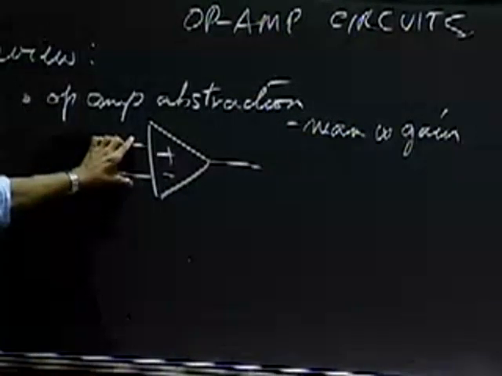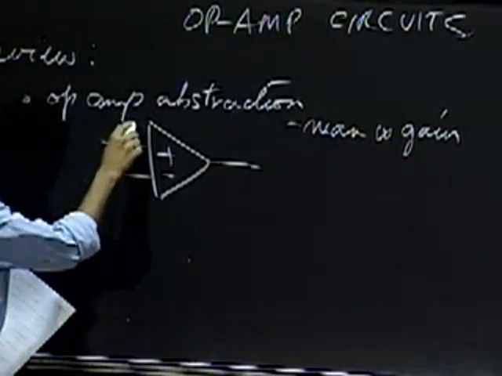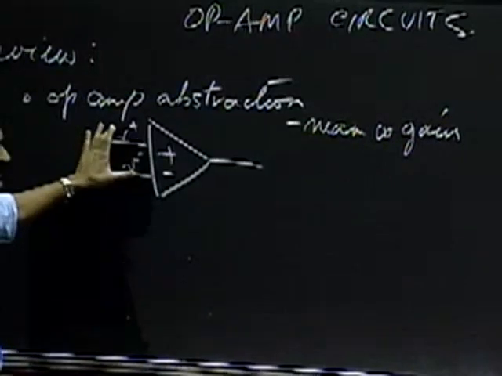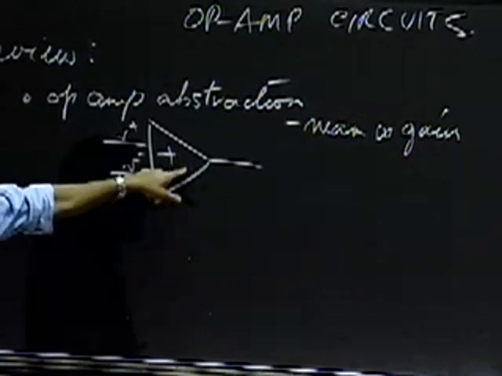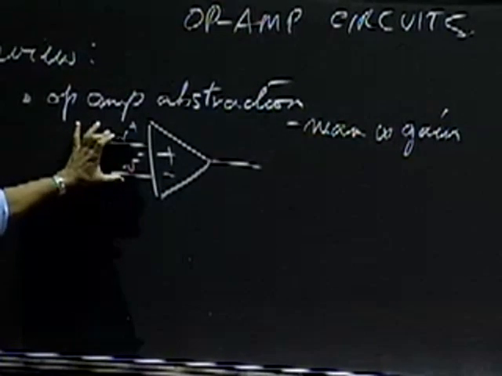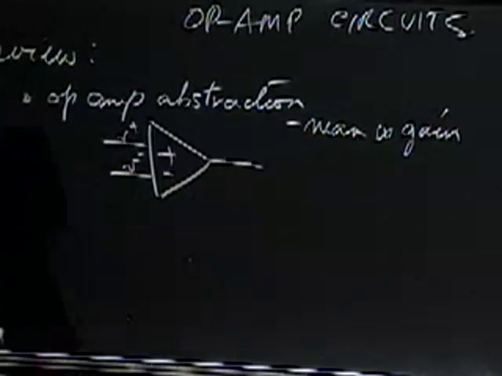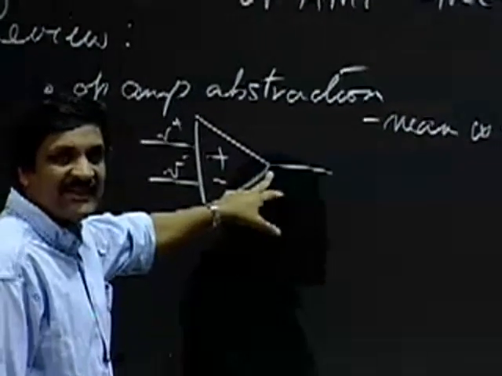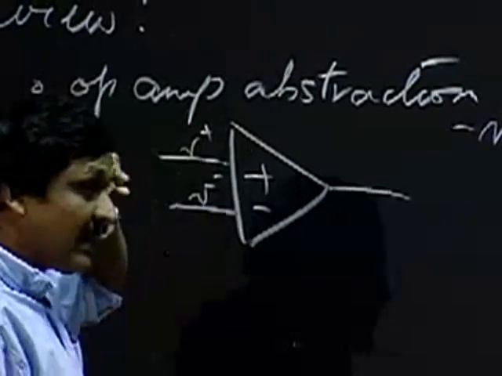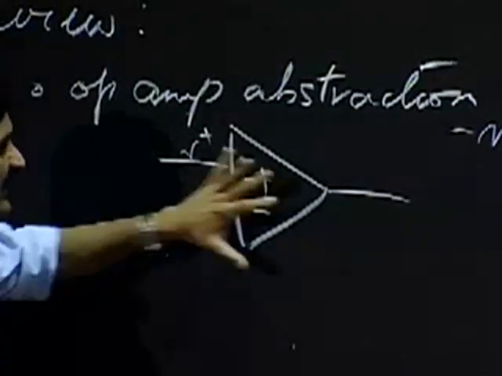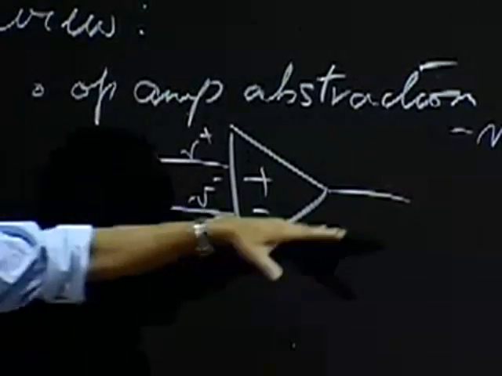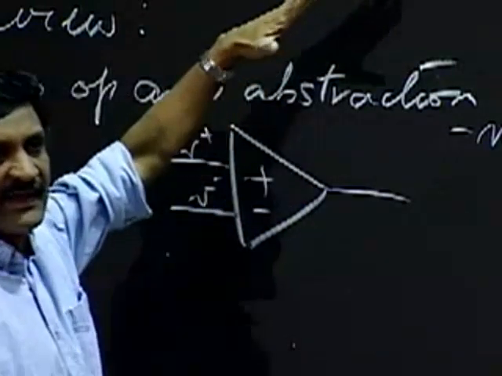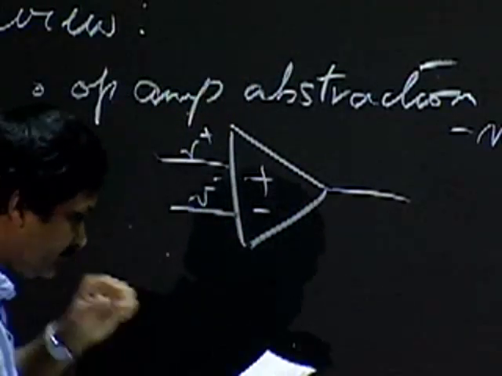So if I had a small voltage difference here, so I call this V plus and this V minus with respect to ground, then this gain would multiply the difference by a large number, giving me an output on the order of 1,000,000 times greater than this difference. And because of that, when I use the op-amp in a mode like this, without any negative feedback, the output would usually thunk up to the positive rail or the negative rail.